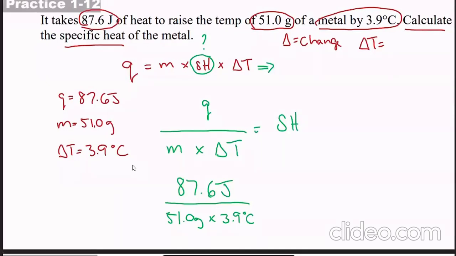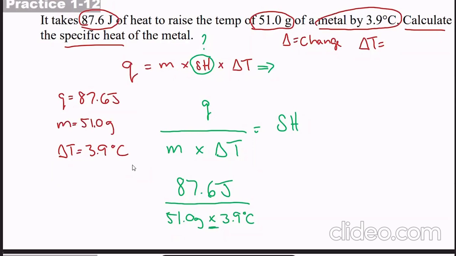So here, 87.6. The way I read this is 87.6 divided by 51.0 grams divided by 3.9 degrees Celsius. Even though it says times, there are two ways to calculate this.